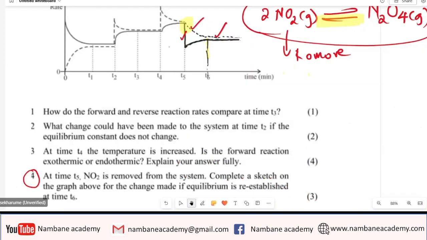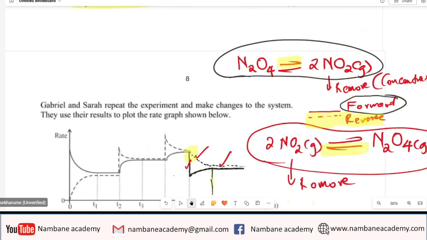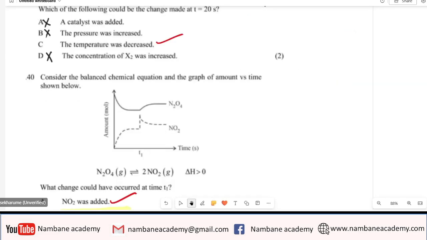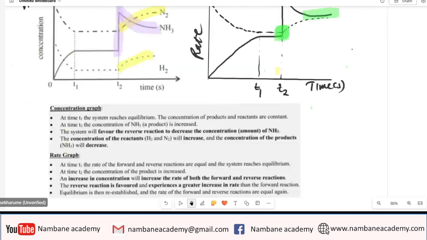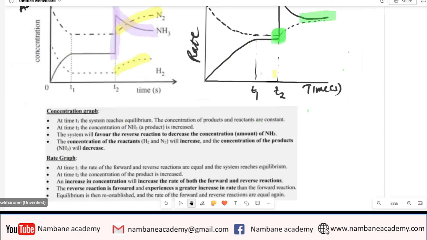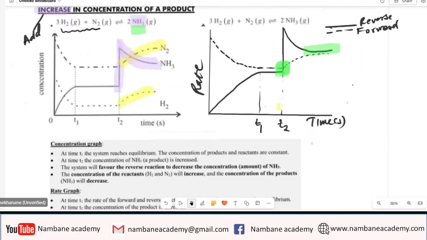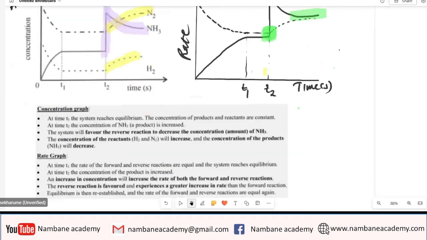Okay, so the other questions that are based on Le Chatelier's principle. So I'm going to share my notes. There will be Le Chatelier's principle somewhere there. Concentration versus time, an example: if we talk about the rate, an increase in concentration of the product, this is how you're going to answer the question.